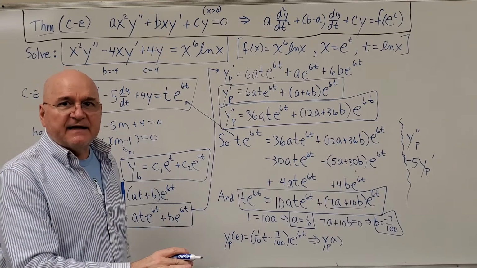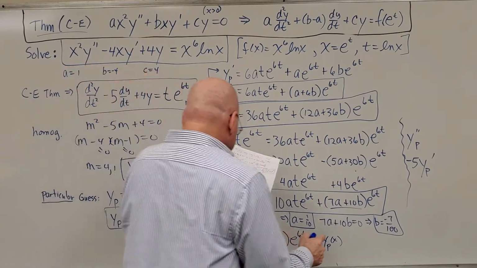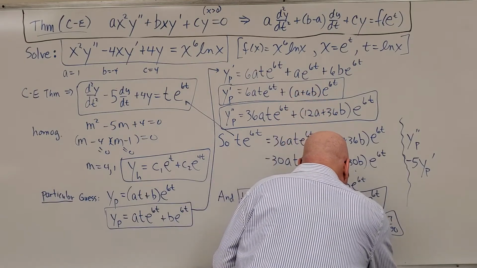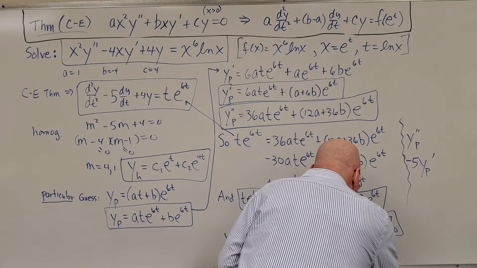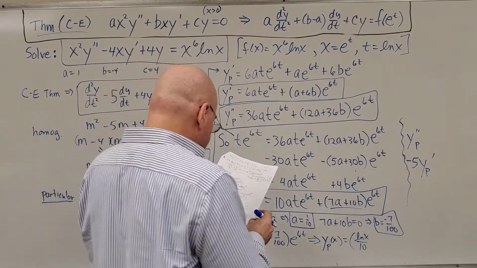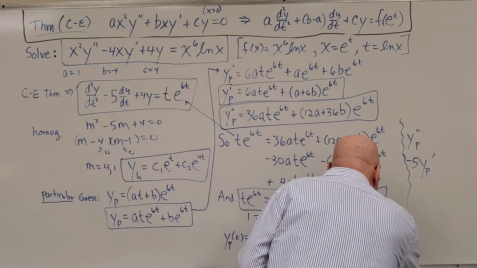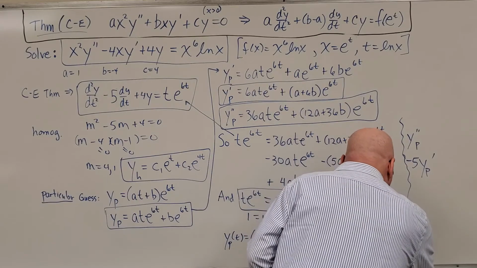So I didn't write all of that down, but we've done this kind of stuff before. So we're going to get the particular solution, in parentheses, ln of x over 10, or I could have said 1/10 ln x, minus 7 over 100, in parentheses, x to the 6th.